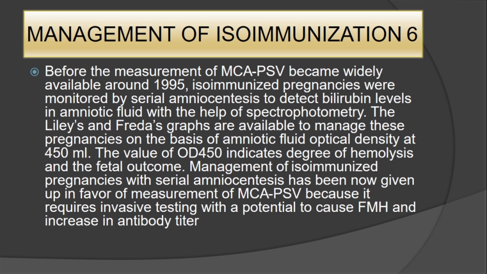This graph has 3 zones, and when we get to the severe zone, that is zone 3, we know that there is an indication for us to intervene. However, in the recent management of isoimmunized women, serial amniocentesis has now been given up in favor of measurement of middle cerebral artery peak systolic velocity, because serial amniocentesis requires an invasive procedure.